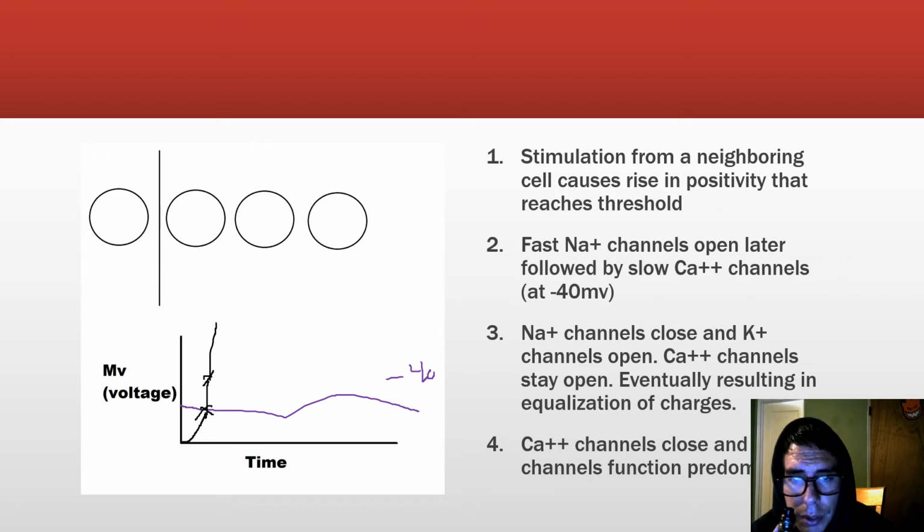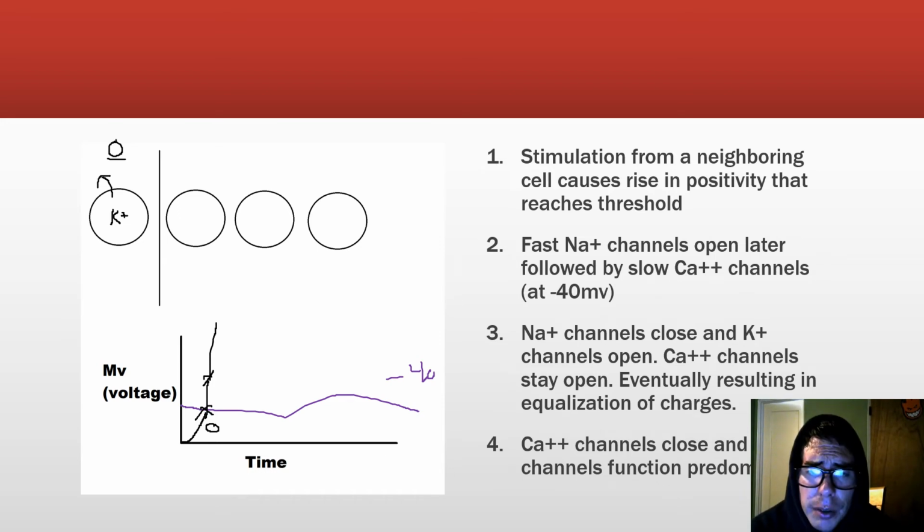Potassium, let's see, I should have drawn this in up here as I was going. So this right here is called phase 0. I'll write it up here. 0 is basically the stimulation or the efflux of potassium, which is caused by the stimulation.